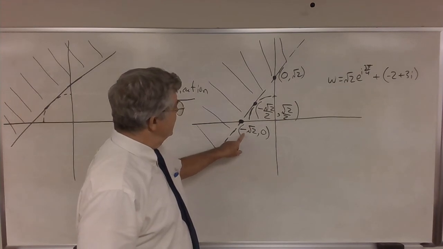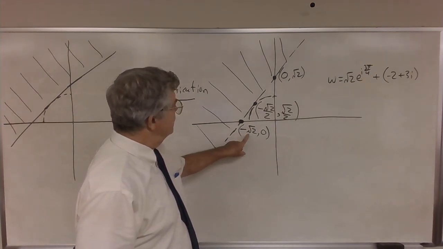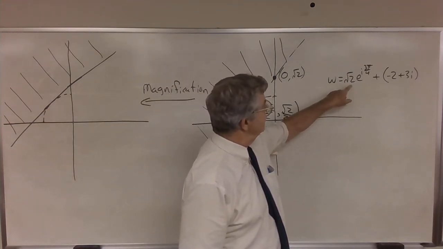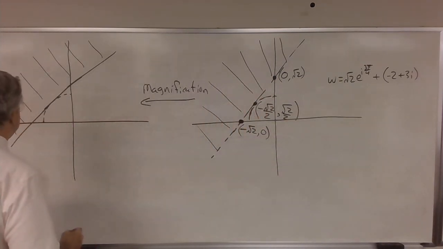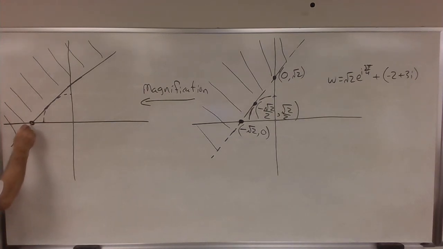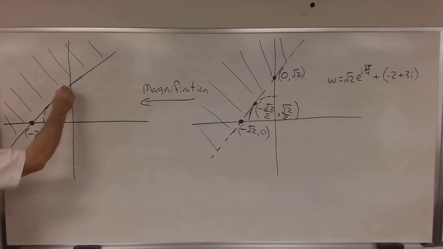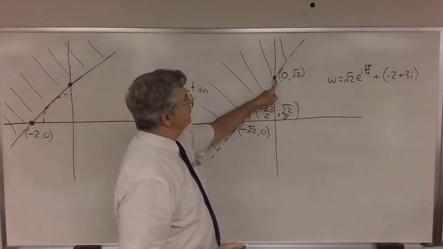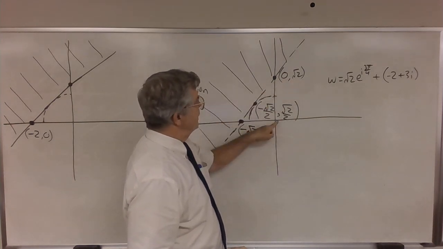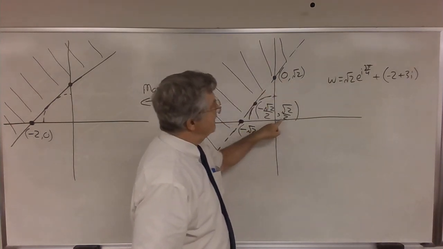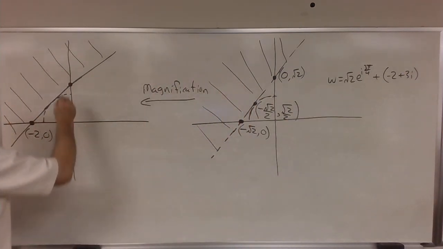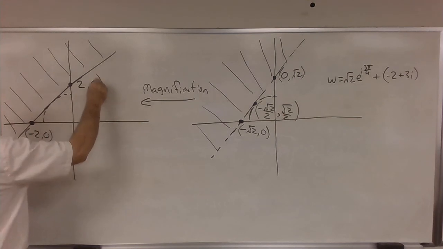This point is a distance of square root of 2 from the origin, and I'm going to magnify that by square root of 2. So this now becomes negative 2, 0. This point is a distance of square root of 2 from the origin. I'm going to magnify that by square root of 2. So this point now becomes 2.